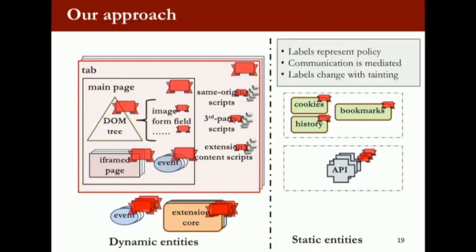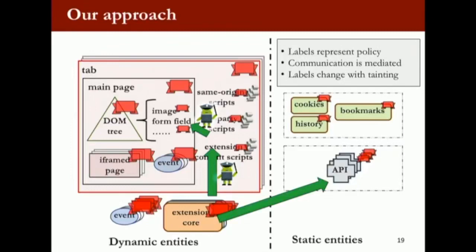For example, when the extension core tries to send some data to the content script on the page, a reference monitor checks that the sender's label is compatible with the receiver's label. Similarly, when the script tries to access the DOM, the reference monitor will check that this access is allowed.